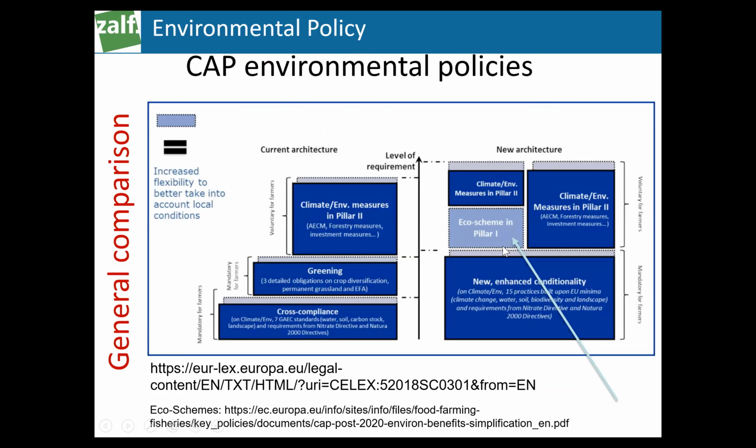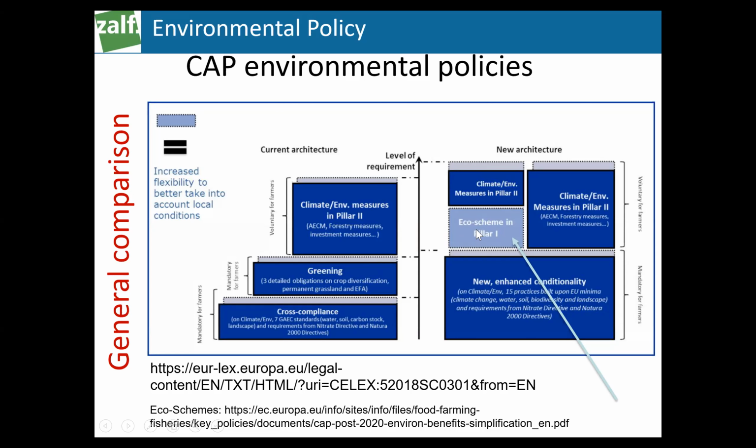I gave you some examples on certain programs. And the scheme in Pillar 1, you see here also the link. You can shift money now from the direct support towards the ecosystems.